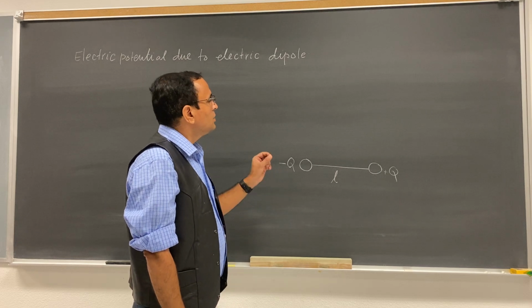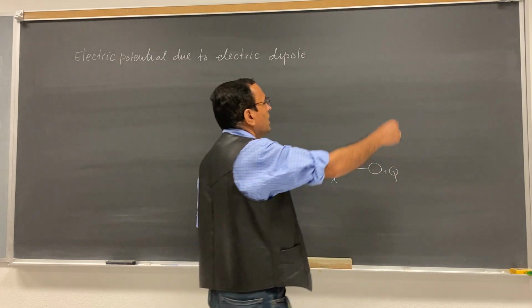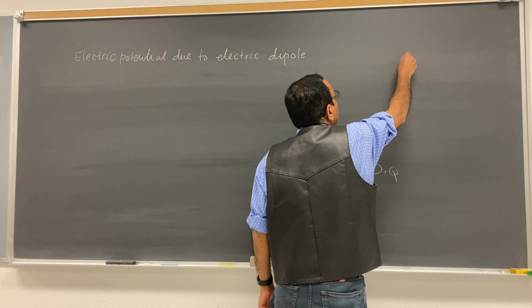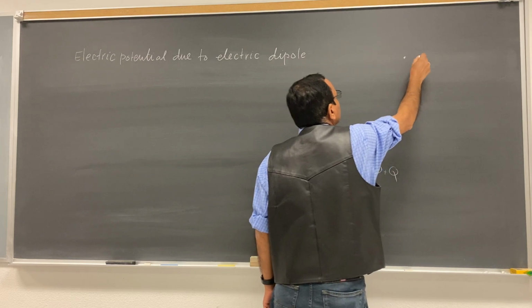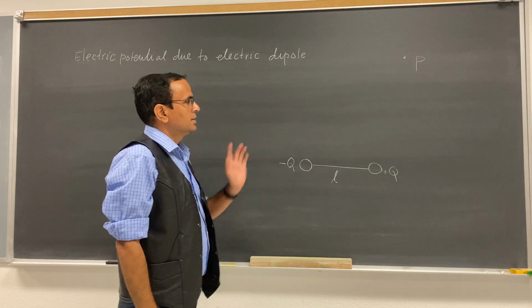And I would like to calculate the electric potential at this point, let it be point P, due to this electric dipole.